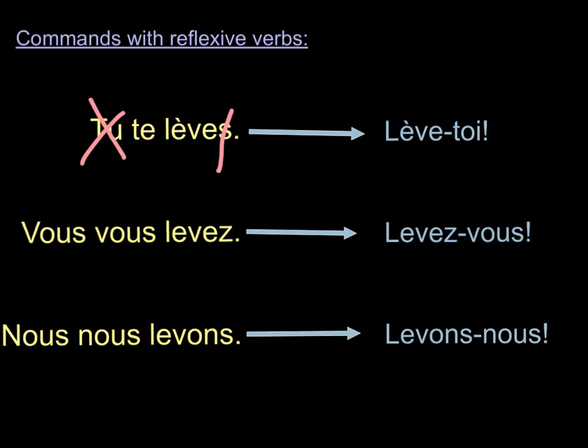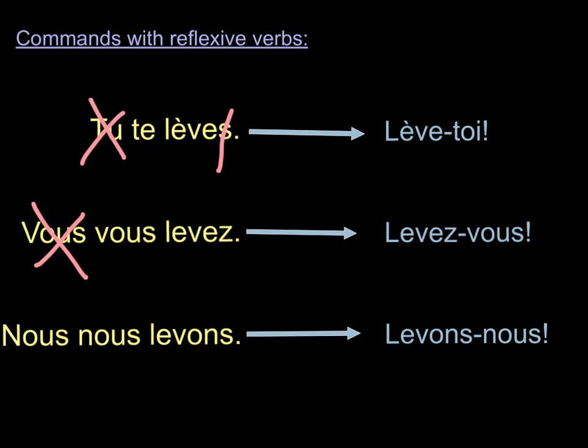So te changes to toi, and it gets moved to the end. Lève-toi, get up, okay? Similarly, in the vous form, we drop our subject pronoun, and the vous, which is a reflexive pronoun here, gets moved to the end of the verb. Levez-vous. So when we're in class and I tell you stand up, I say levez-vous.